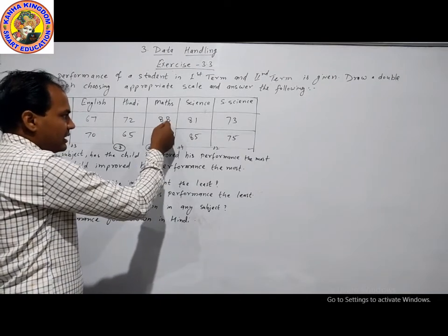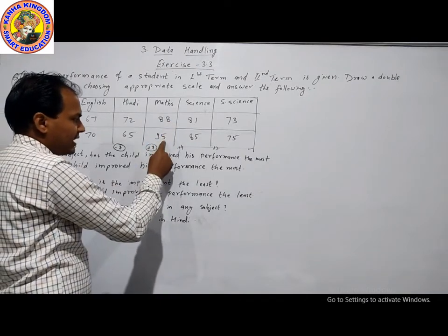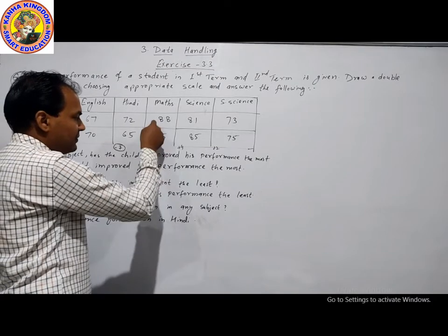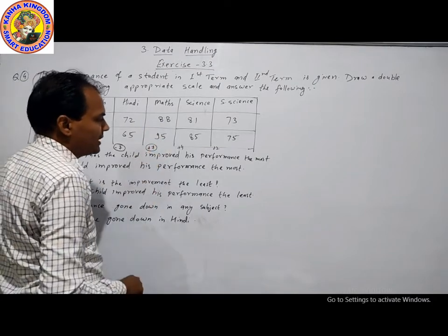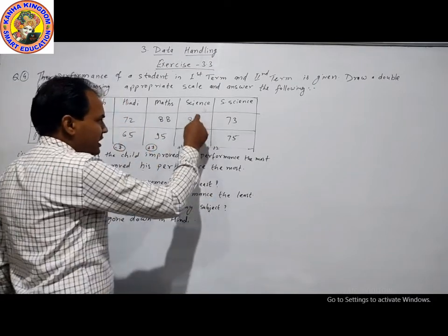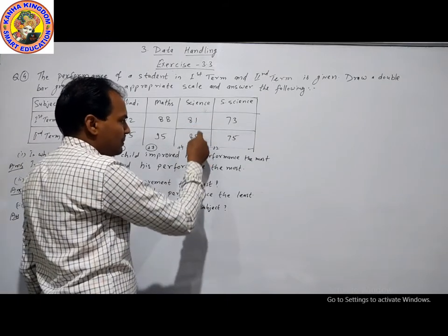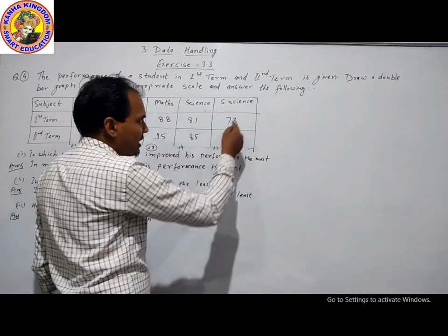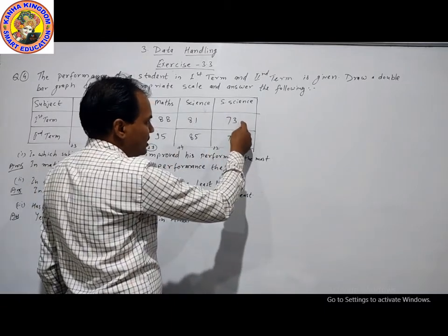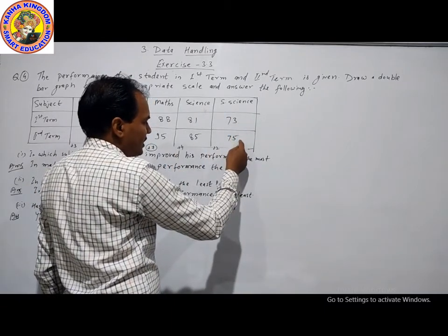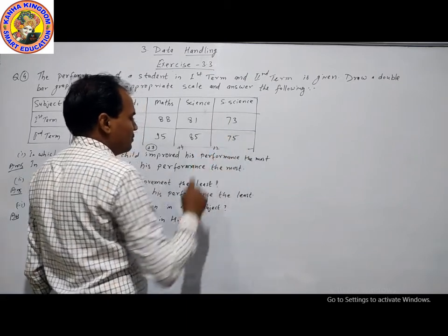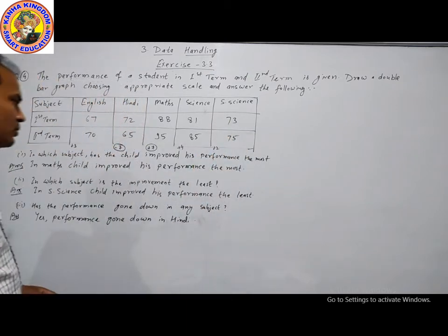In maths, first term 88, second term 95. The performance improved by 7 marks. In science, first term 81, second term 85. The performance improved by 4 marks. In social science, first term 73, second term 75. The performance improved by 2 marks.